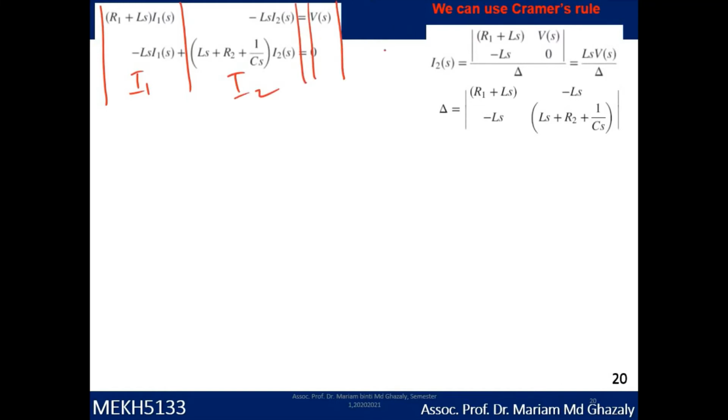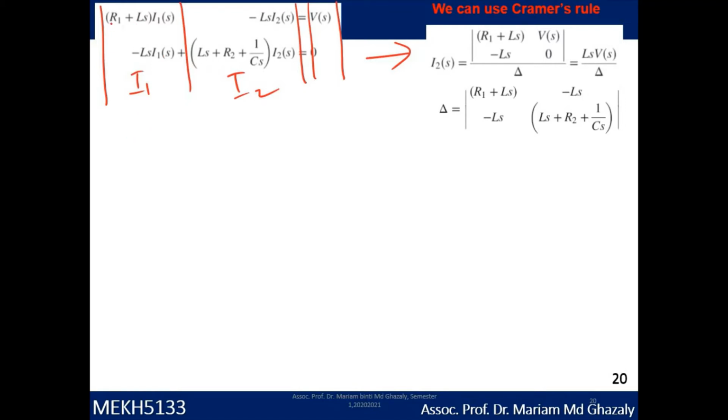You're going to make it into this equation, but I'm going to show you step by step how to use Cramer's rule. What you need to do is organize it according to I1, I2, and output.